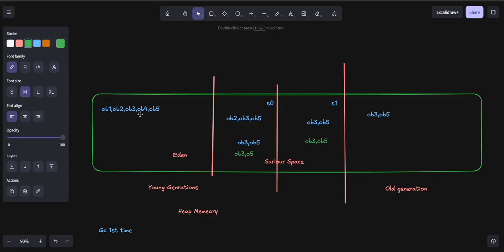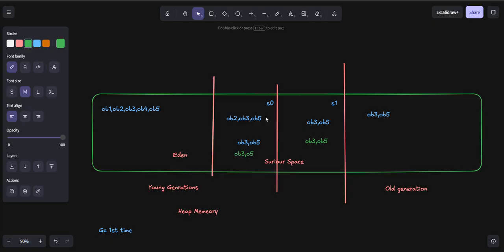Then object 2, object 3 and object 5 are moved into the next space, that is survivor space S0. Here you can see object 2, object 3 and object 5 survived.